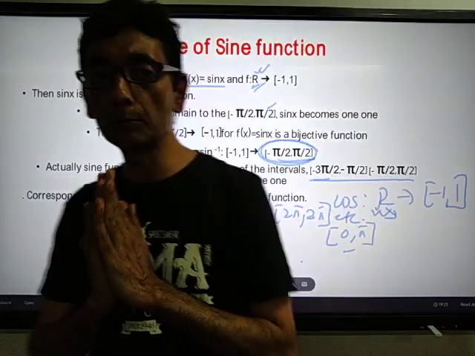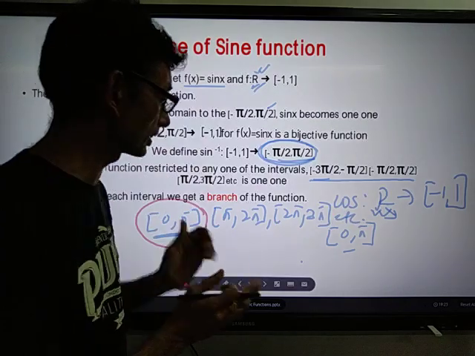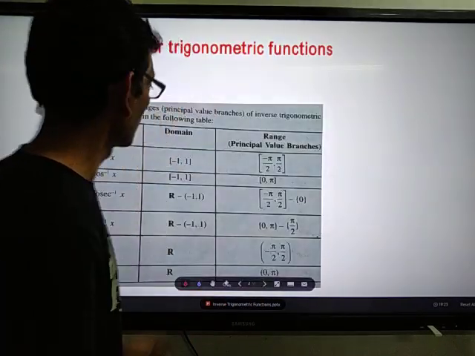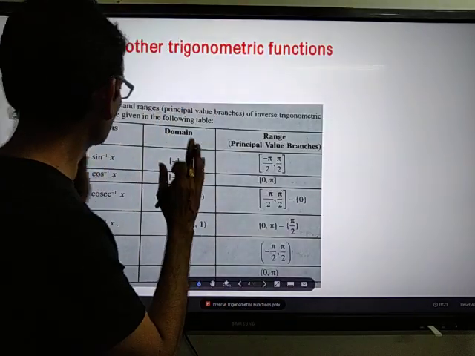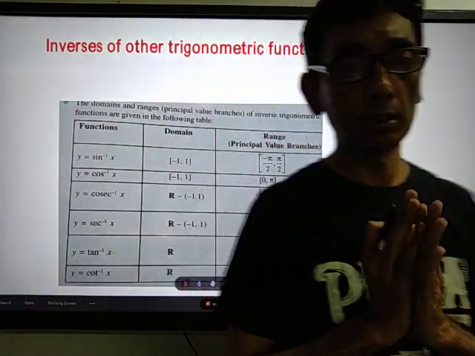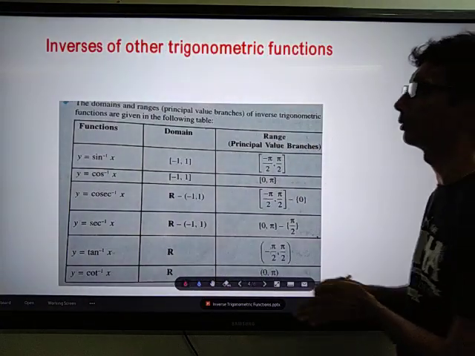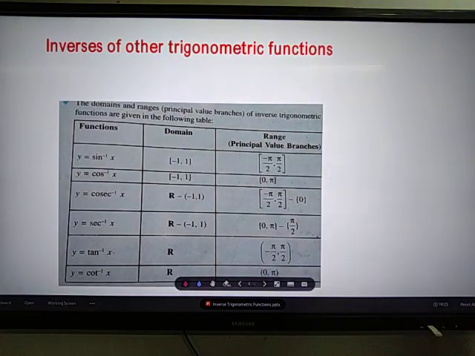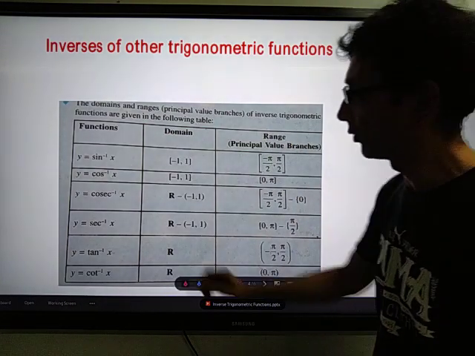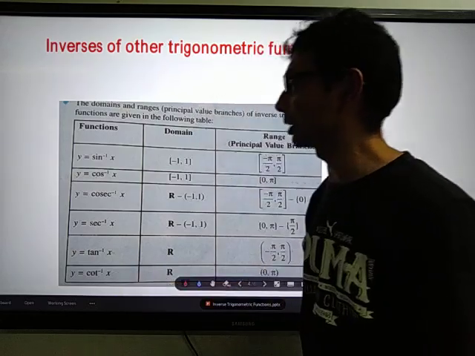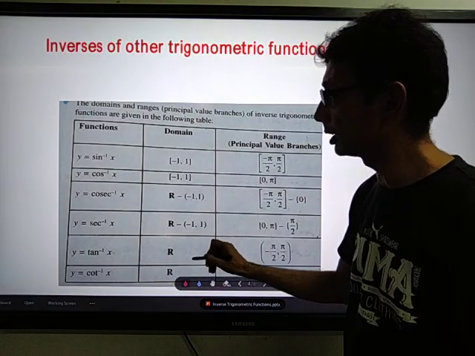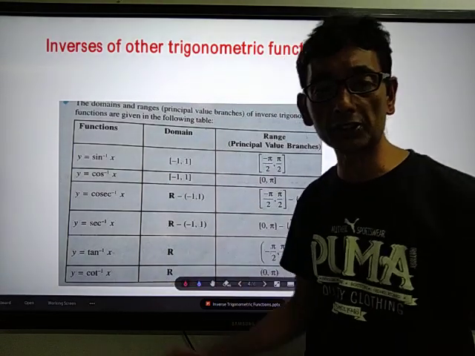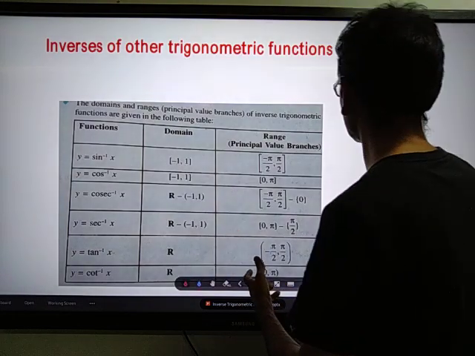Now, the most important table for our discussion is coming up. This is the table with the help of which you can remember the domain and range, that is, the principal value branch of the 6 inverse trigonometric functions. And remember, for all the 6 inverse trigonometric functions, the domain will be the range of the original functions.